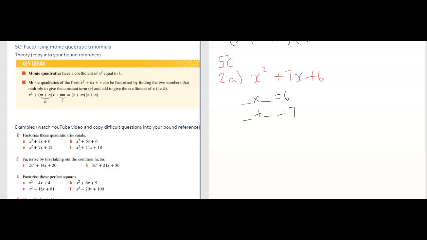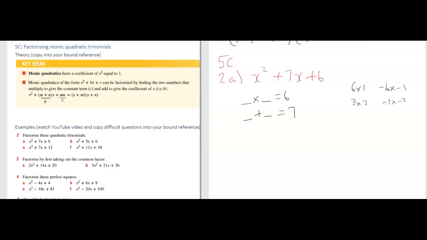It's always easier to think of the factor pairs of 6 first, and then deal with the 7. You can have 6 times 1, 3 times 2, and you can also have negatives, like negative 6 times negative 1, or negative 3 times negative 2.